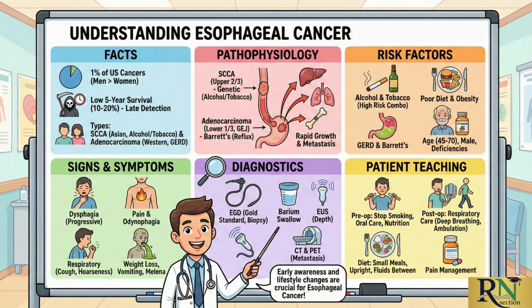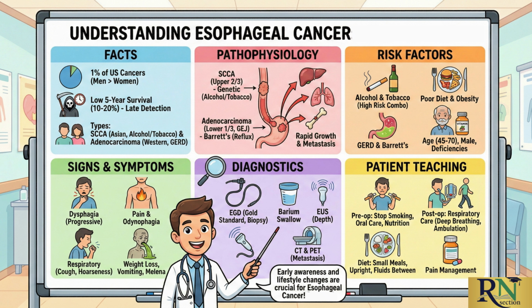The mechanism, you can read more in the book. The progression: the tumor grows rapidly, involving the esophageal lumen and neighboring tissue, and often metastasizes to the liver, lung, bone, and stomach.